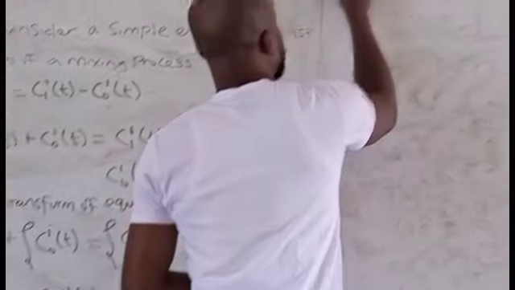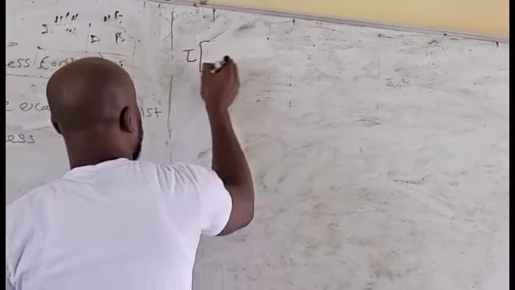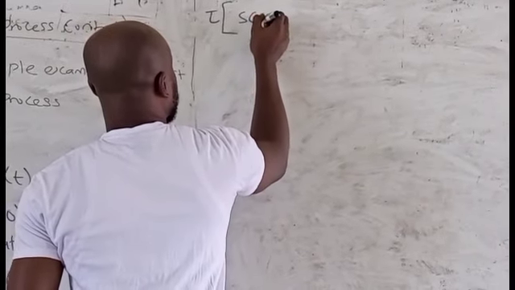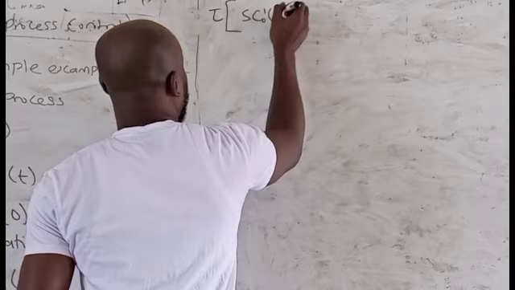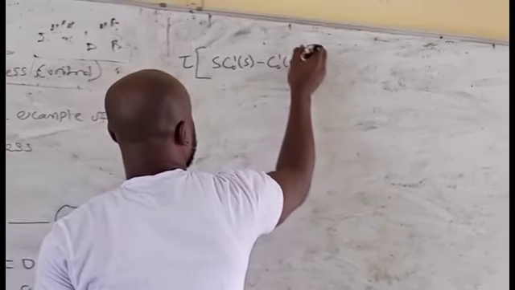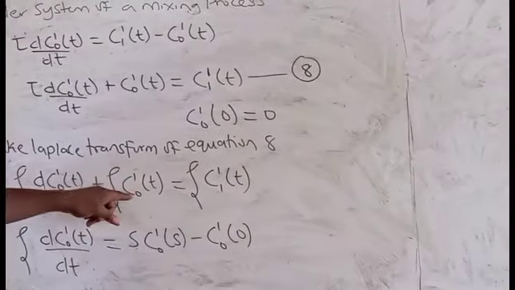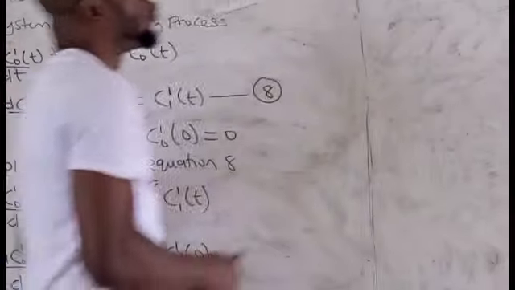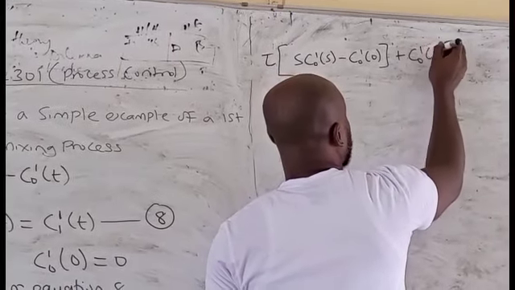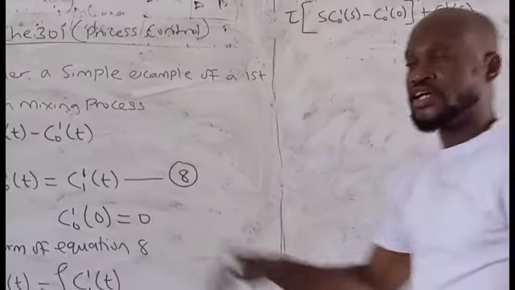We're going to have the time constant multiplying the Laplace transformation of this first order, which is sC0'(s) minus C0'(0). Then the Laplace transformation of C0'(t) will be transformed to C0'(s), because we are transforming this t function to an s function.